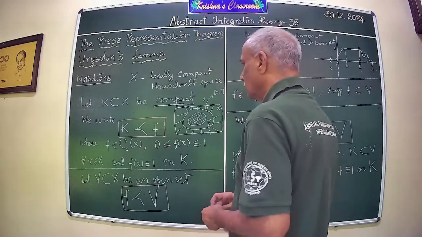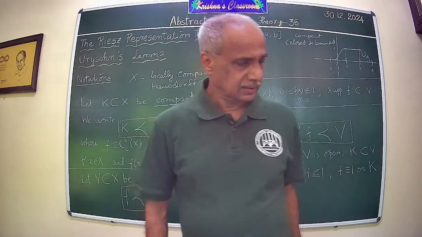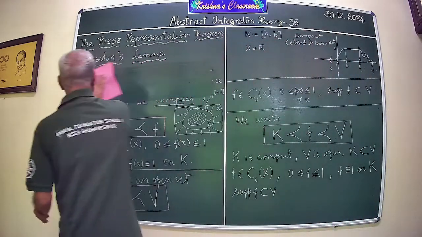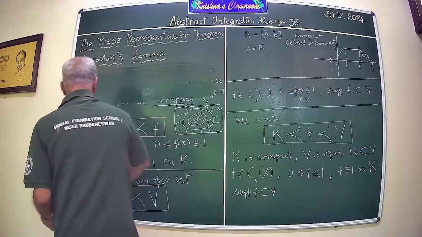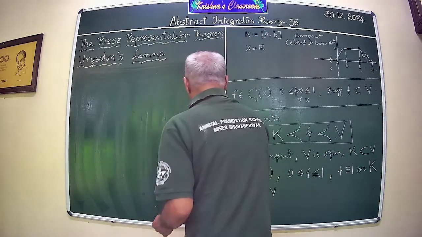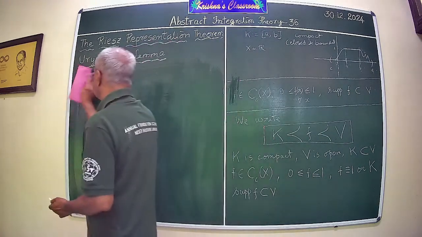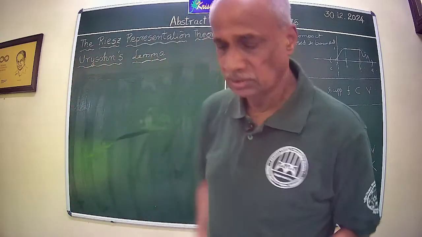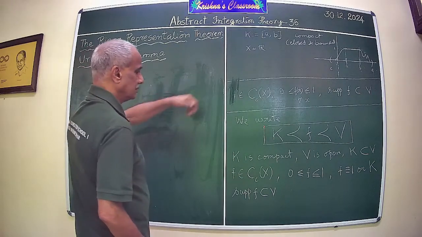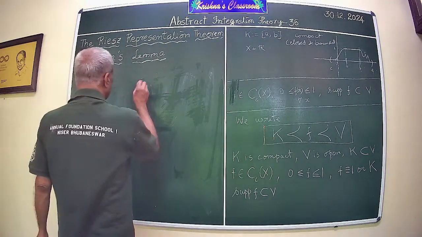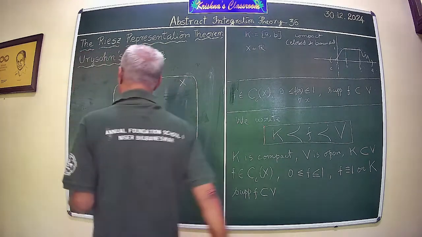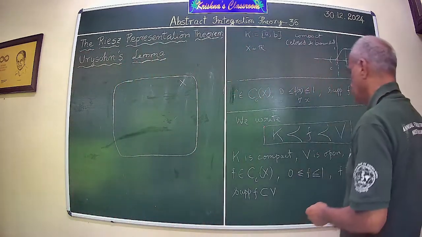Okay, so let us give a diagram to possibly clarify the points and the notation. So what we have is the following. This is X, a locally compact Hausdorff space.